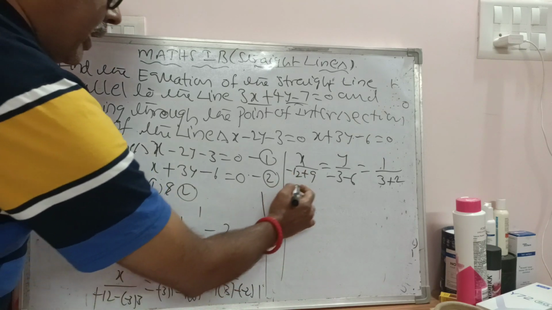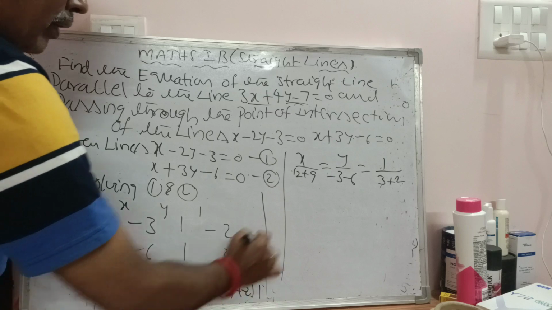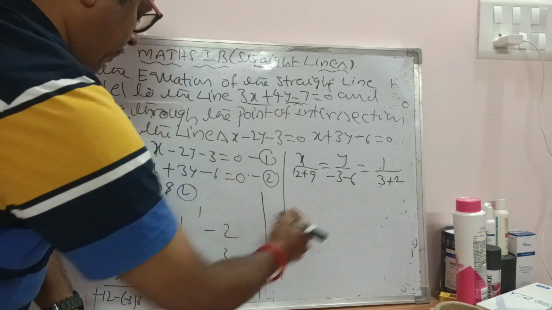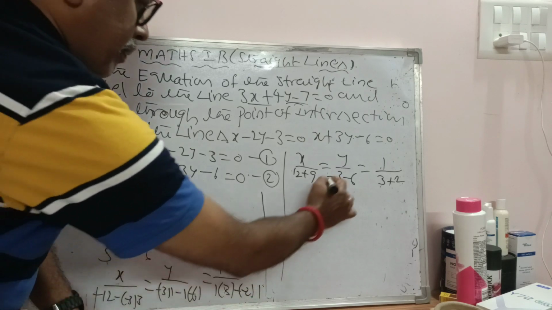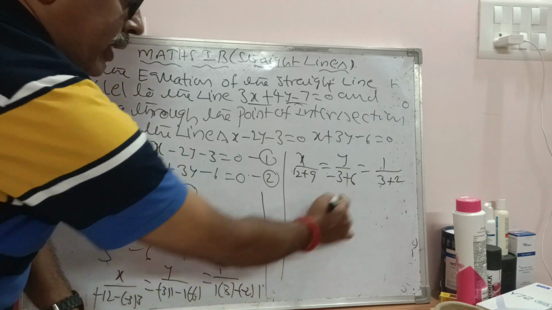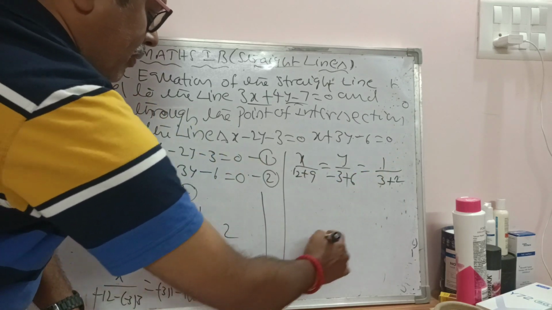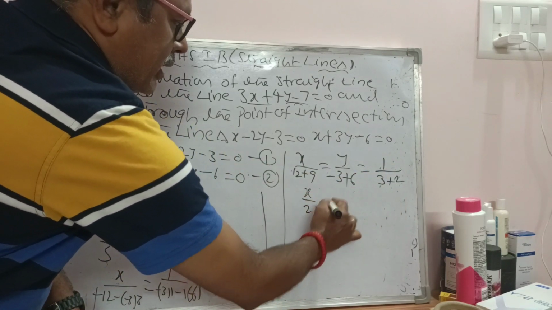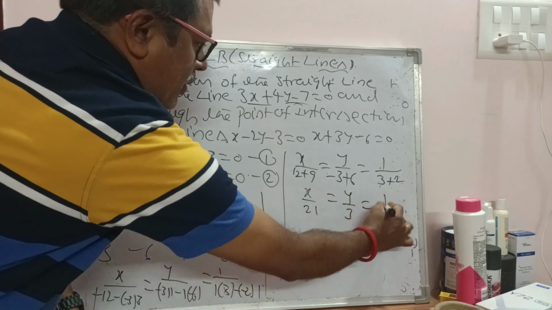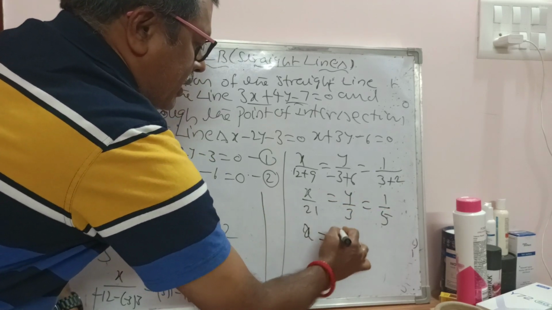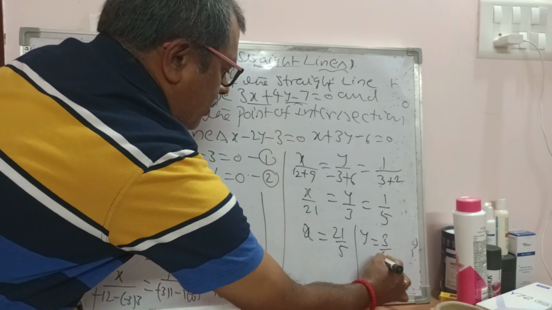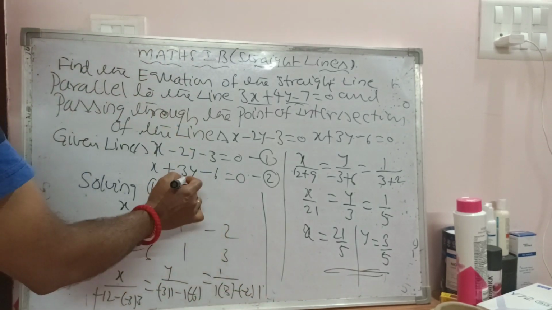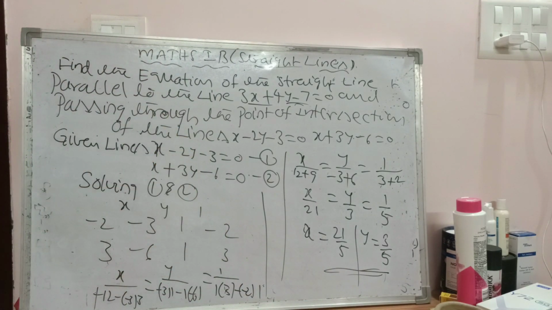Therefore, x by 12 plus 9 is equal to y by minus 3 minus into minus plus 6 is equal to 1 by 5. X by 21 is equal to y by 3 is equal to 1 by 5. X is equal to 21 by 5. Y is equal to 3 by 5. So therefore, the point of intersection of these two lines is 21 by 5 comma 3 by 5.